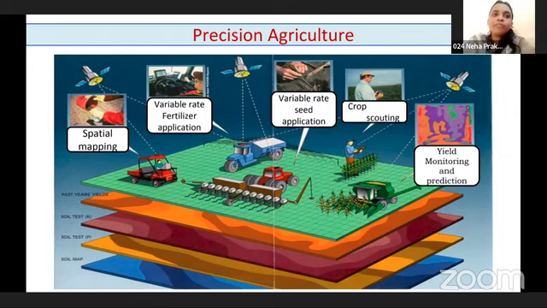It is a farming management strategy based on observing spatial mapping, with variable rate of fertilizer, responding to temporal and spatial variability to improve agricultural production and sustainability. Using this precision agriculture technology, we can increase the productivity of crop cultivation. This is an important future technology that farmers should take note of.